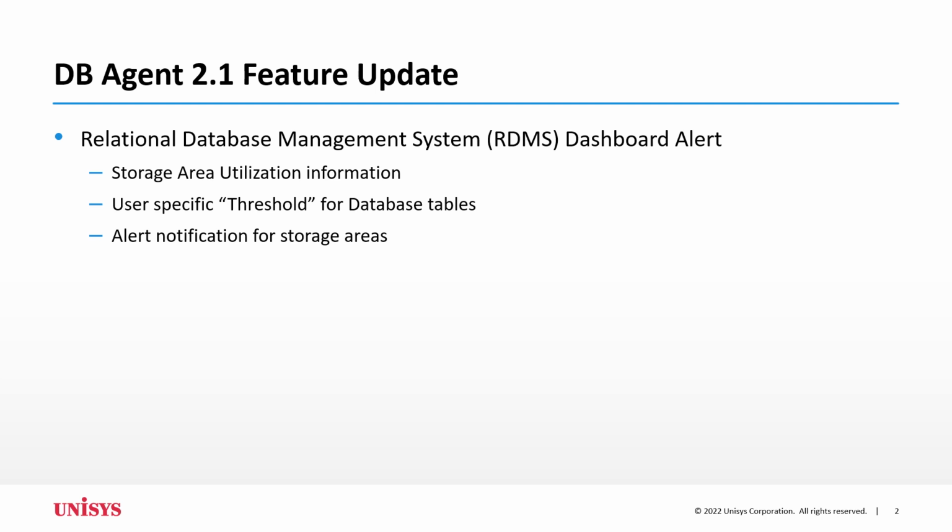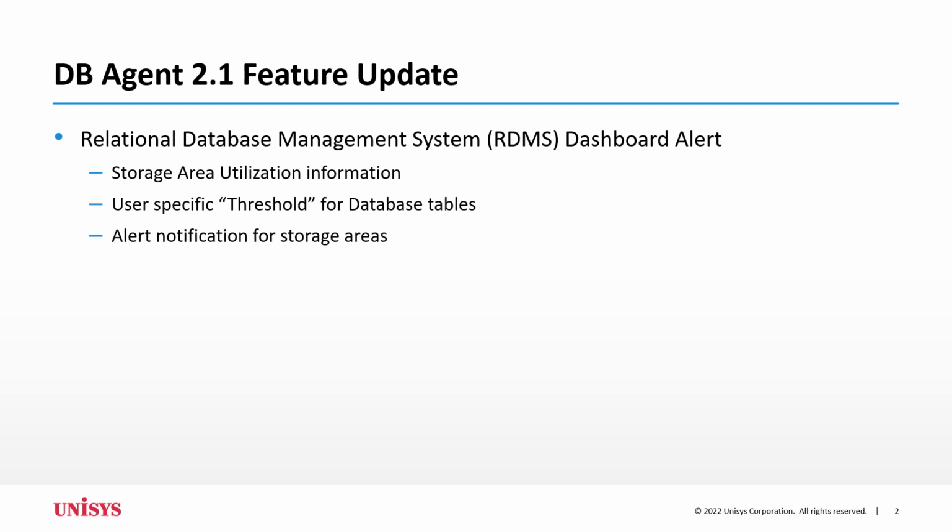You can use this feature to specify the threshold limit for storage area utilization per table. The feature generates an alert notification when a particular storage area utilization crosses the user specific threshold. This feature works with Apex 4.2 version, which also is a part of ClearPath OS 2200 Release 20.